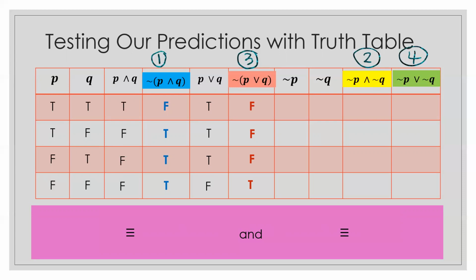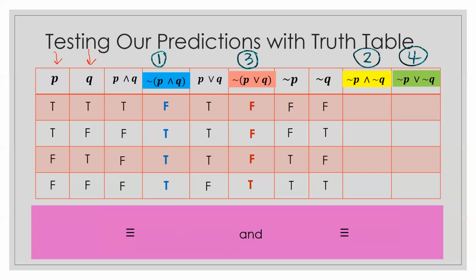Now, the negation of P is just the opposite truth value of P. So here we go: false, false, true, and true. Then the negation of Q would be the opposite of the second column: false, true, false, true.